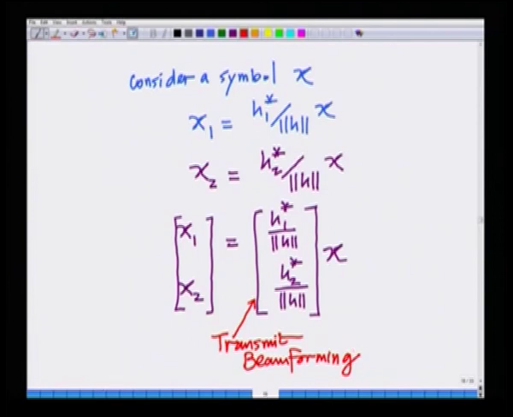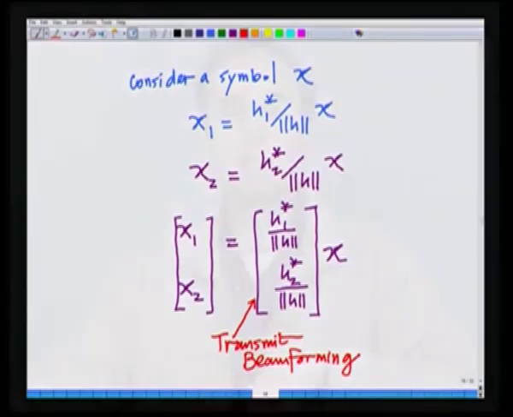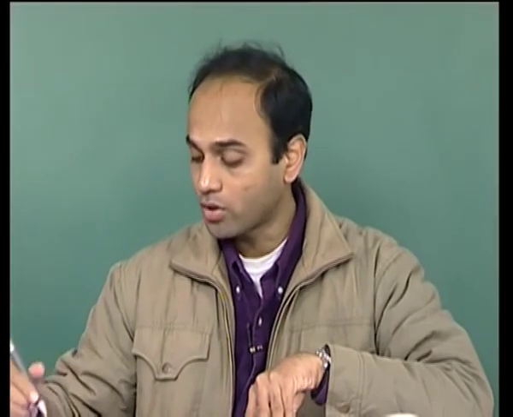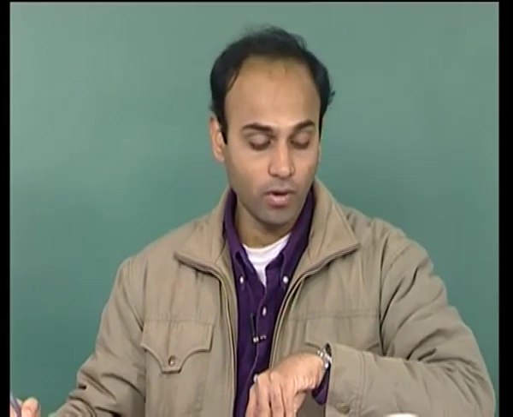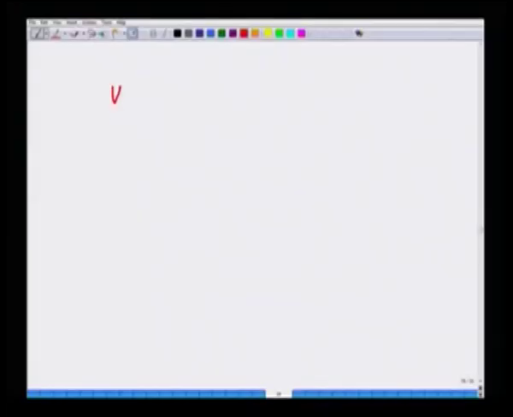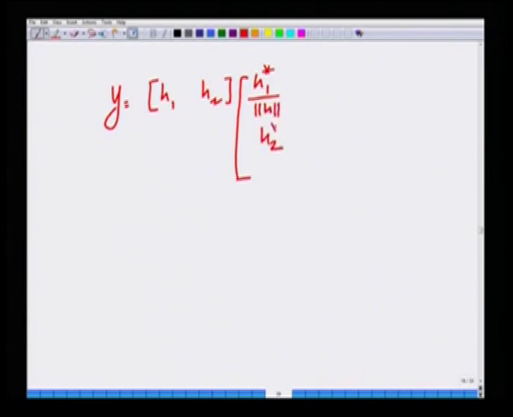Now, let us see what happens when I transmit this vector across the 1 cross 2 channel, that is y equals h1 h2 into h1 conjugate divided by norm h, h2 conjugate divided by norm h, into x plus n.